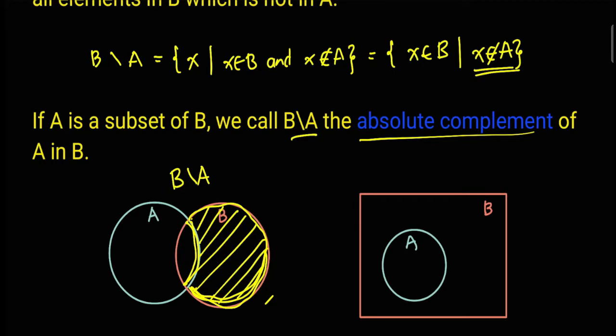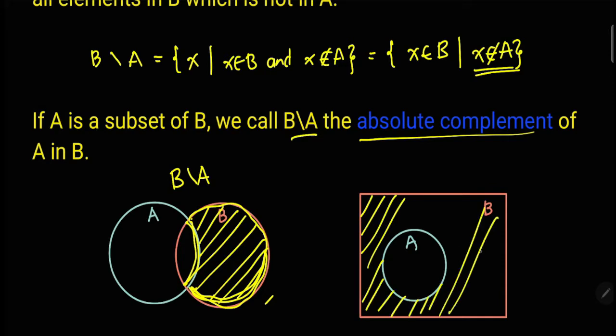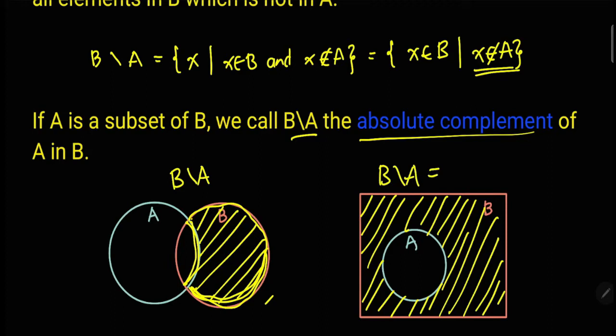So if A is inside B, then anything outside of A will be the complement of A. But again, we are inside the set B. So these elements here outside A, but inside the box B are the complements of A. So this is still B except A, but in our usual notation in algebra, usually we write this as A to the C, meaning complement.